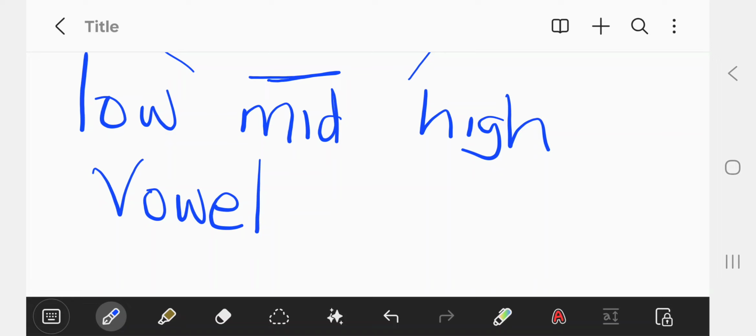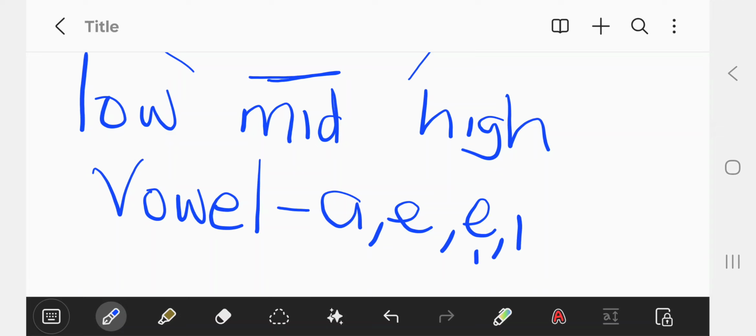Now, in the Yoruba language, basically, we have the seven pure vowel sounds. We have A, we have E, we have O, or O, sorry, not O. This is not British English, of course.